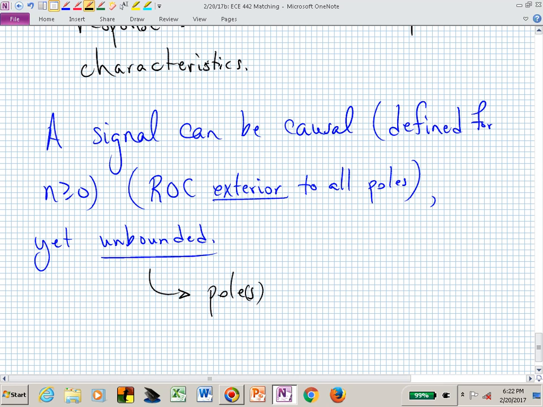I just need one to be in this location to cause my whole waveform to be unbounded. I could have more than one, but it just takes one. And as long as that one pole has a magnitude beyond the unit circle, then the response is going to be unbounded.